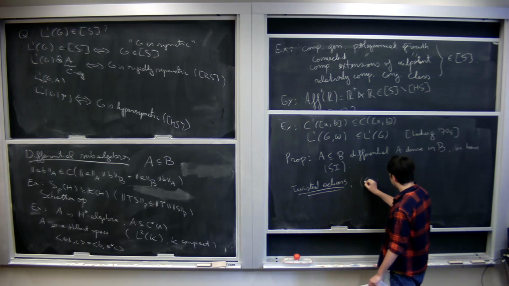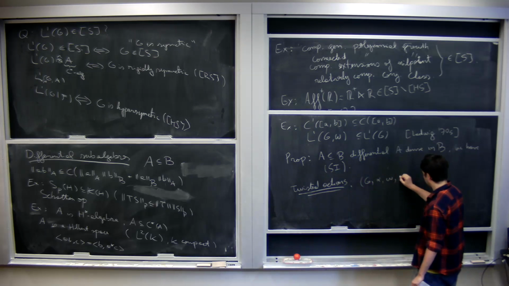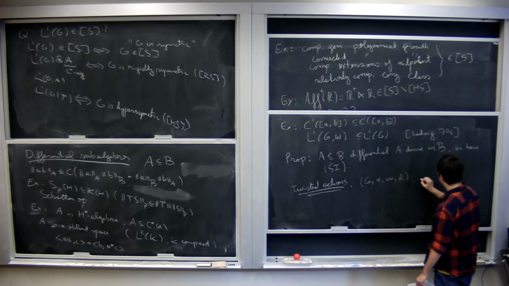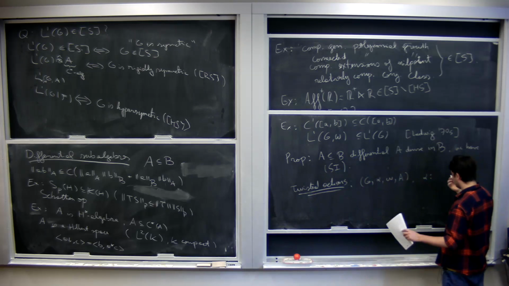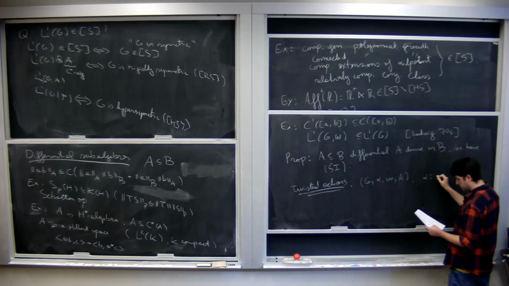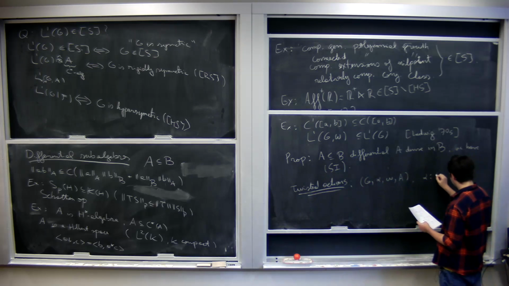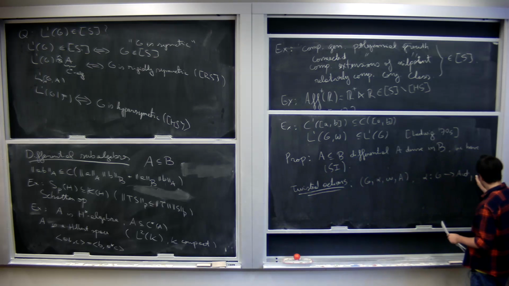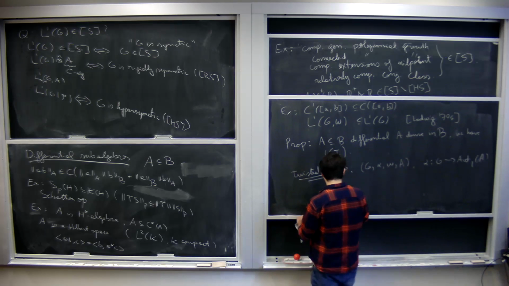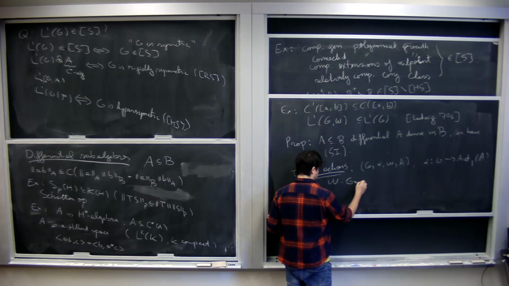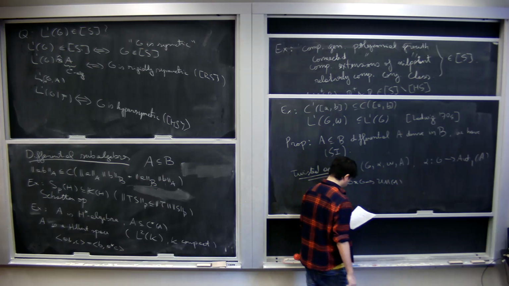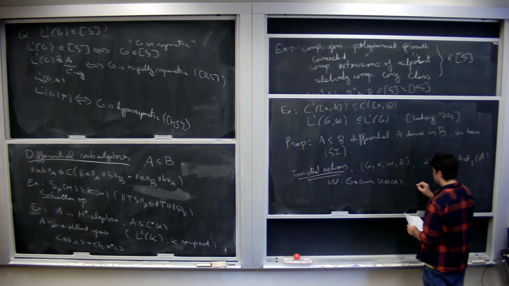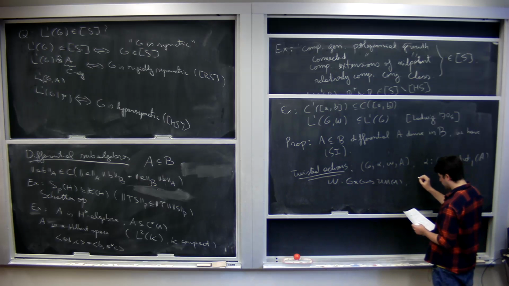A twisted action is just a four-tuple where these two are maps that resemble an action, but not quite exactly. It's a cocycle type of condition. This goes to the homomorphisms of A. This goes to the unitary multipliers of A. I assume that these maps are Haar measurable.